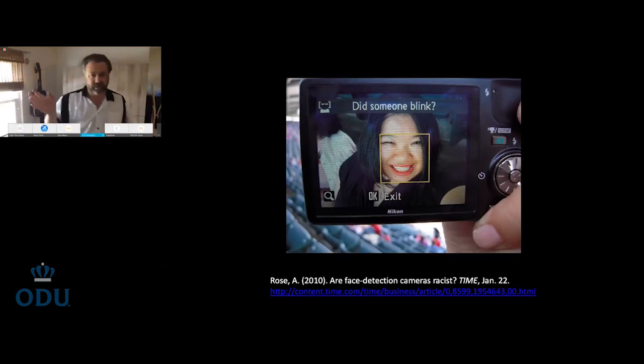Another example, this is from about 10 years ago. Nikon produced a camera that was supposed to have a red eye warning, or a blink warning. It did both of those, but the blink warning would analyze people's faces in the photos and then tell you, hey, try this one again. It looks like somebody blinked in this photo.